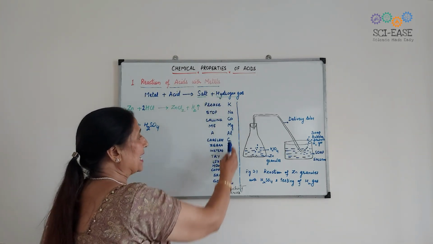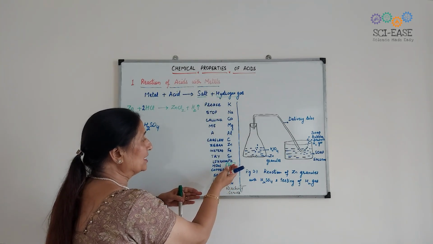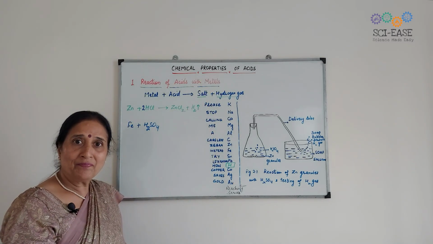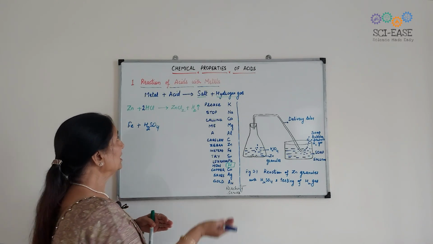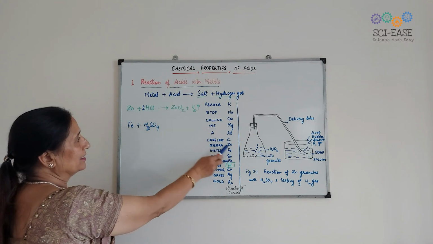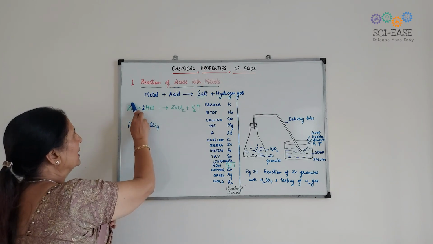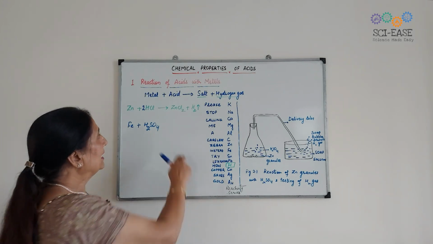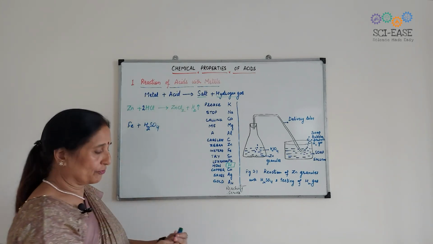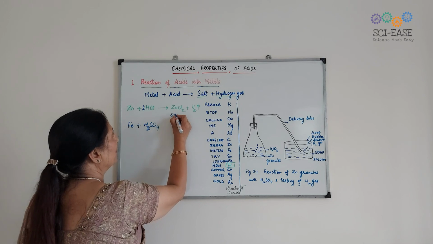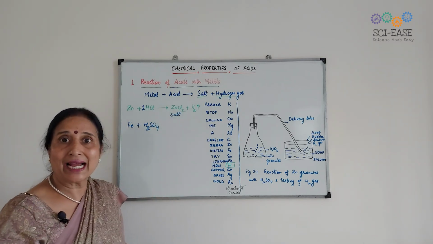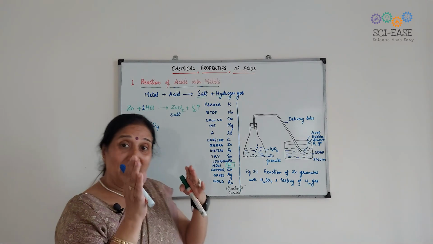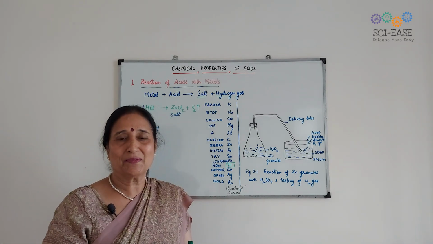The metals which are above hydrogen are more reactive than hydrogen. So zinc is more reactive, and it will displace hydrogen from HCl, take its position, and result in the formation of a salt plus hydrogen gas. So first, you have to remember this reactivity series.